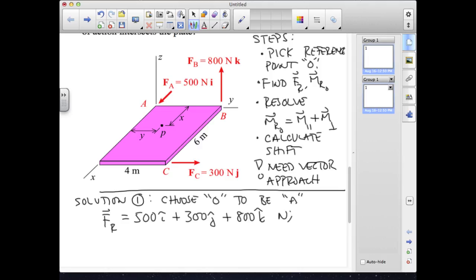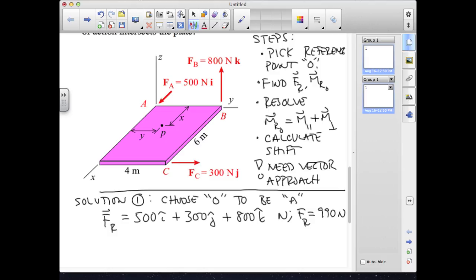Okay, and if we take the square root of the sum of the squares, this is not one that works out so cleanly, but the resultant here is very close to exactly 990 newtons. It's actually something like 989.95, but we'll just use 990 for our resultant force.